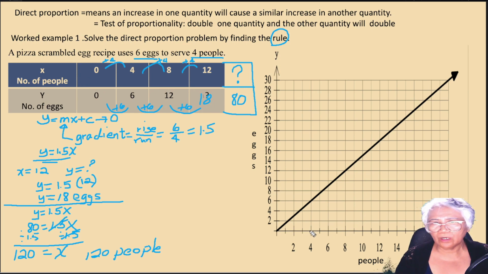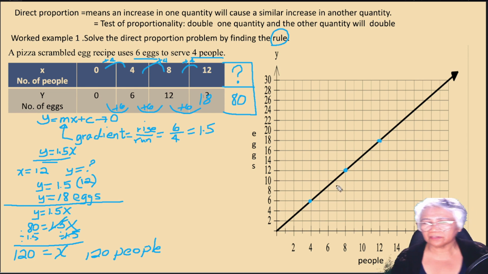So for people, you have 6, you need 6 eggs. And then for 8 people, you need 12. And for 12 people, we need 18. Okay? So you can read it in that way as well.